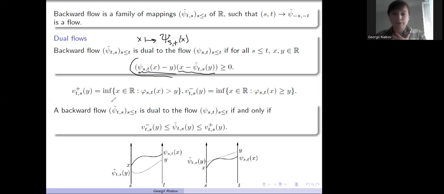But there are two natural pseudo-inverse functions, v plus and v minus. So v plus is continuous on the right in y, and v minus is continuous on the left in y. So one can show that a backward flow is dual if and only if its values are between v minus and v plus.